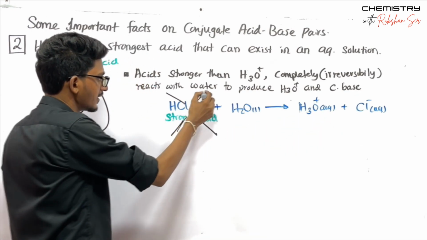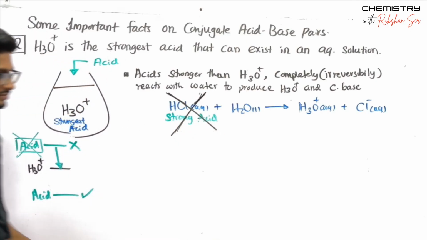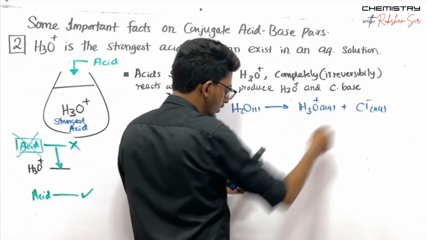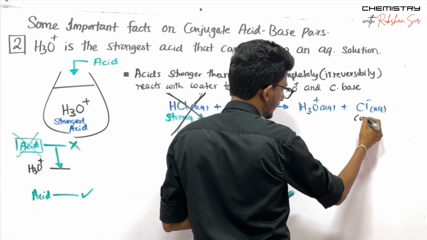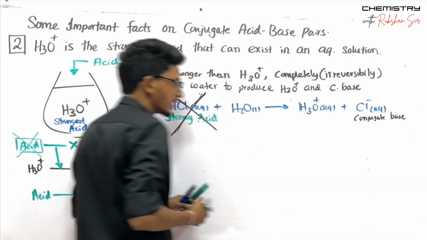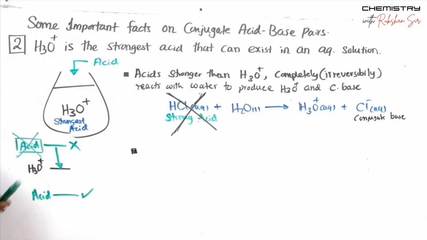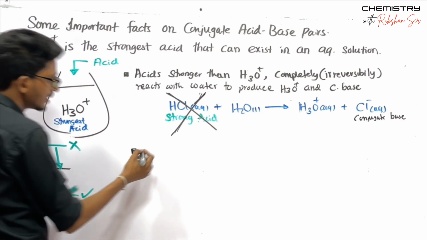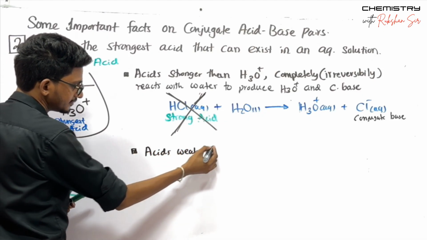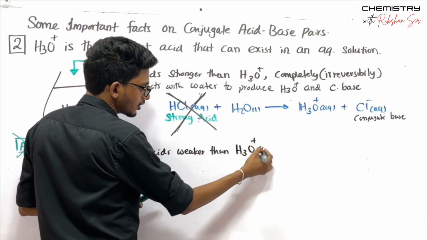That is what happens if your acid is stronger than H3O plus. Clear? So it will produce the H3O plus and the conjugate base. Now, what will happen if your acid is weaker than H3O plus?